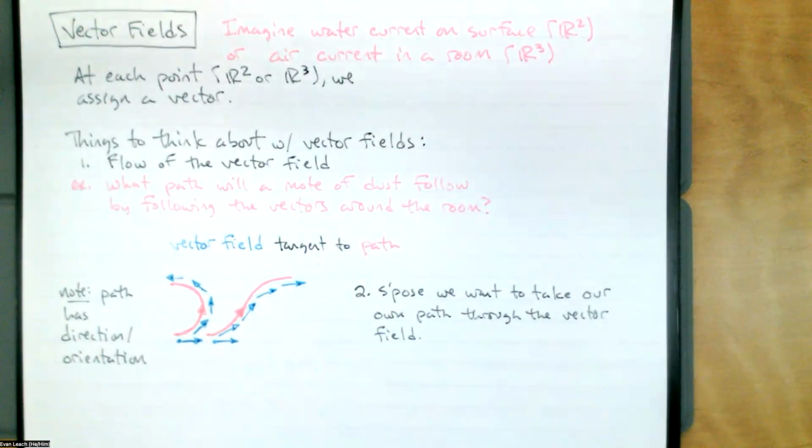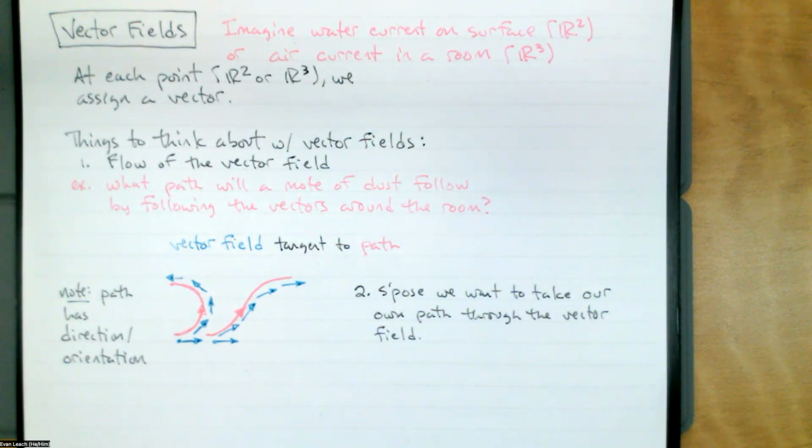There's all this flow in the vector field. So another thing that we might want to do is carve our own path through it. Then we can imagine at each point, how much is the vector field helping us on that path or pushing against us? We're walking through the room.